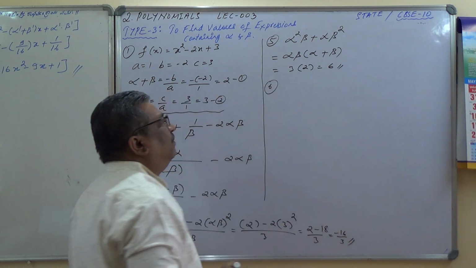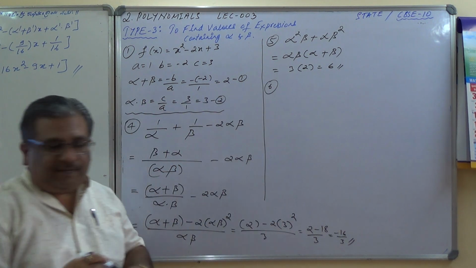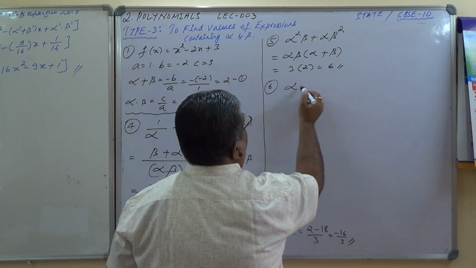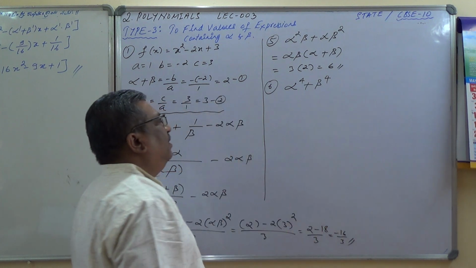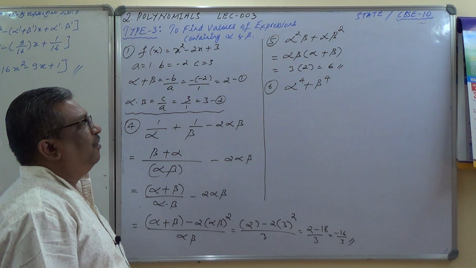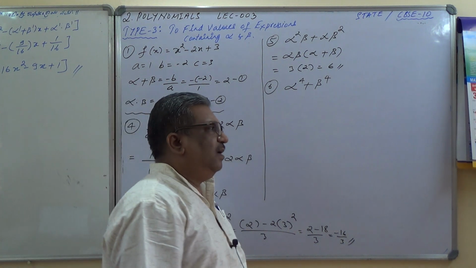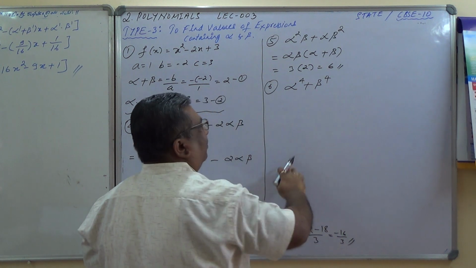Sixth one, let me take one more. Alpha to the power 4 plus beta to the power 4. I don't know what is to be done now. Alpha to the power 4 plus beta to the power 4. So let us see some manipulation we have to do.